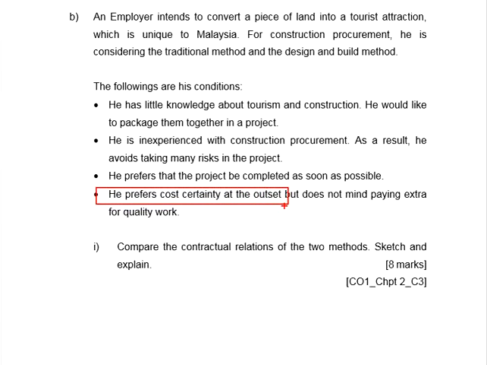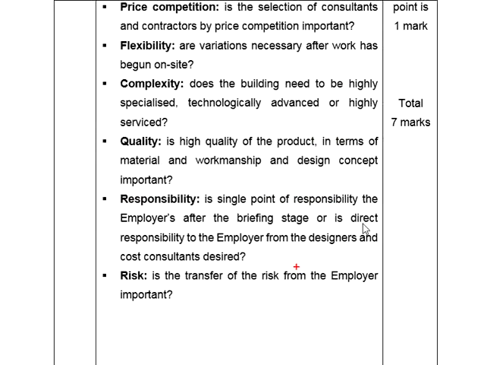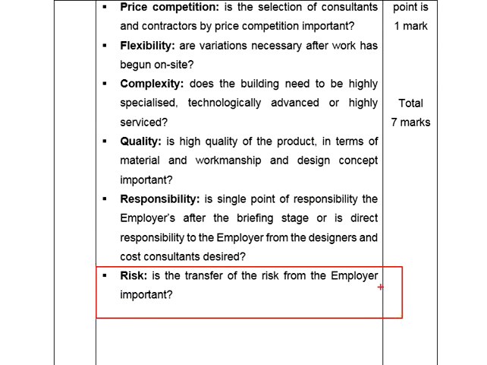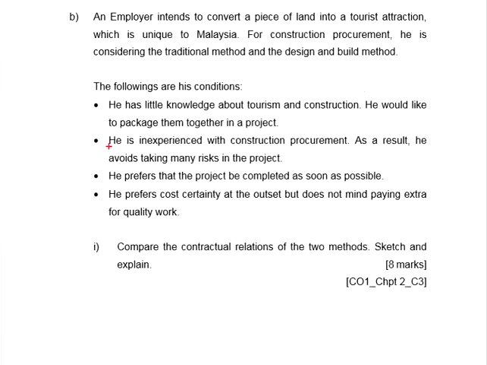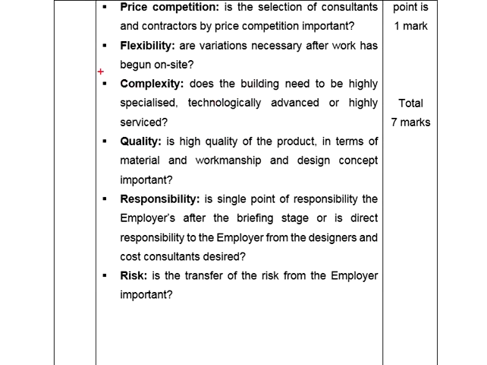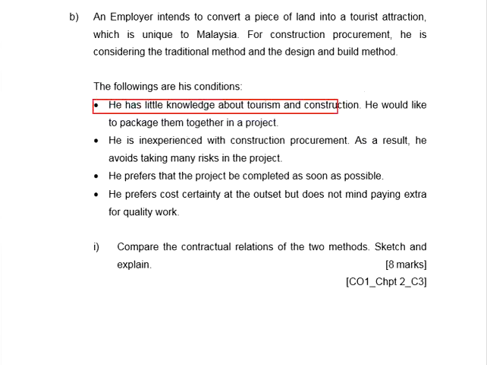He prefers cost certainty at the outset. When you talk about the risks, there is also information about the risks. And when you talk about the complexity, this has also been captured in the question.